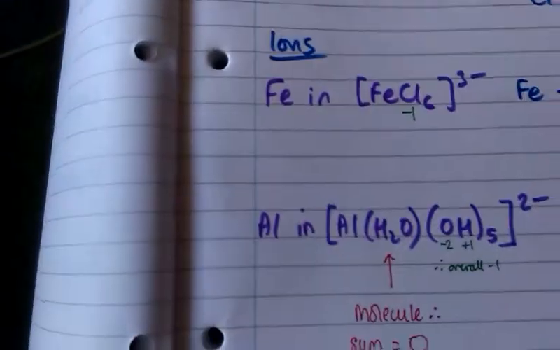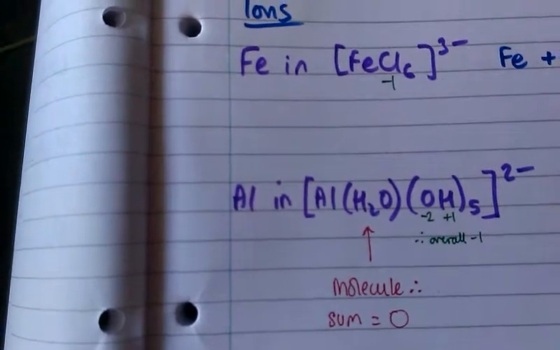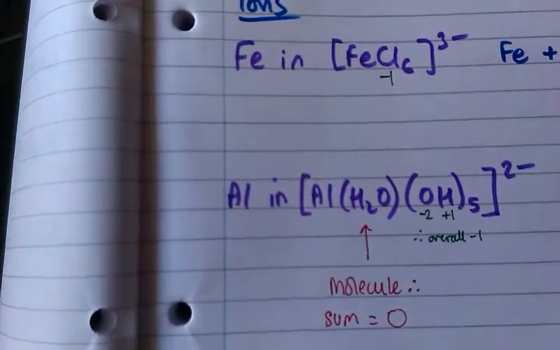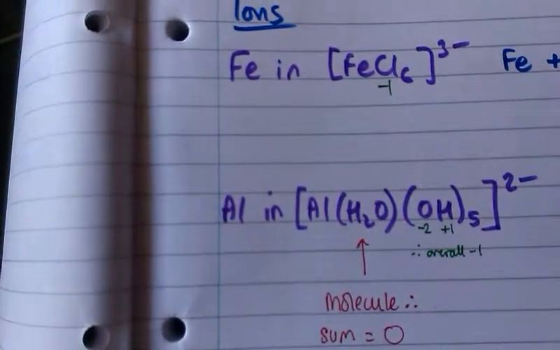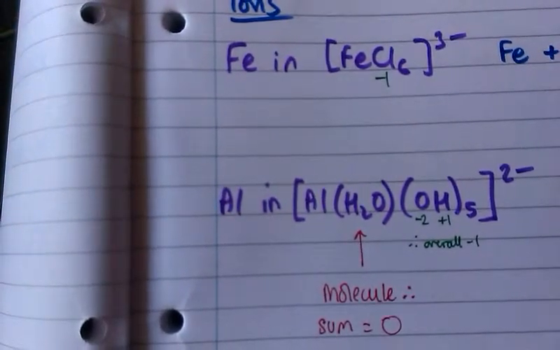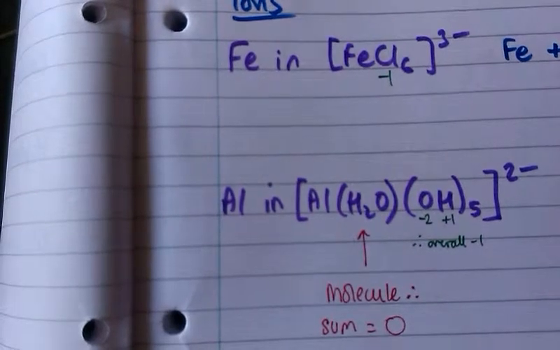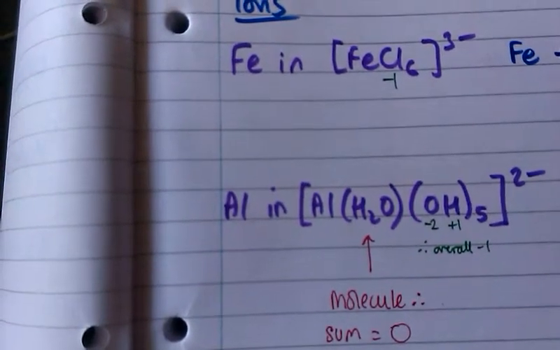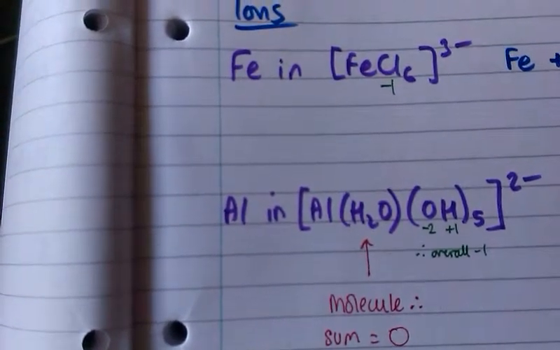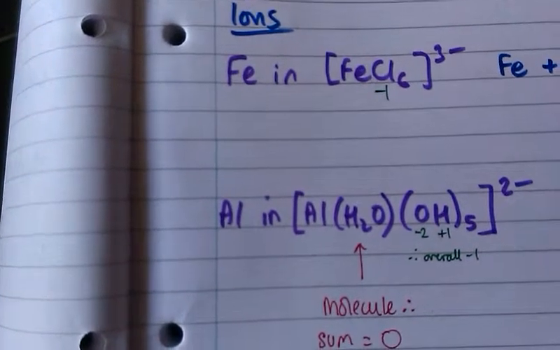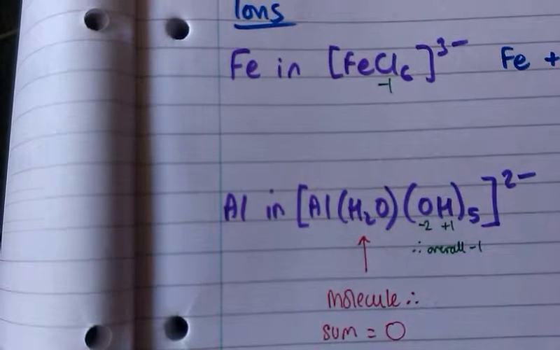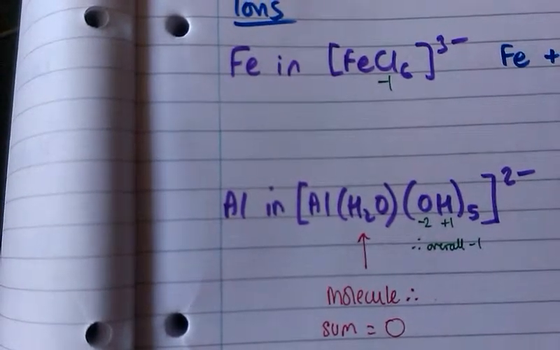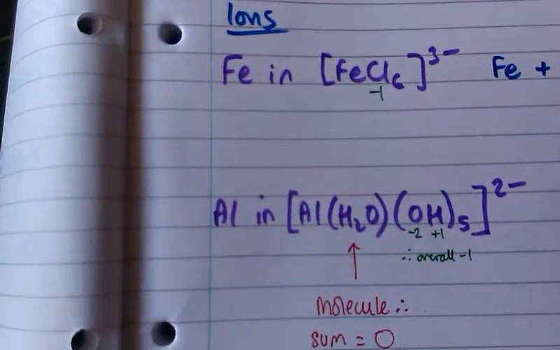Next example, if we want to work out the oxidation state of aluminium in this aluminium complex, so we know that the oxidation states of molecules as a whole is 0, so the water molecule: the sum of the oxidation states of the hydrogens plus the oxygen is equal to 0, so we can ignore that in our calculation.